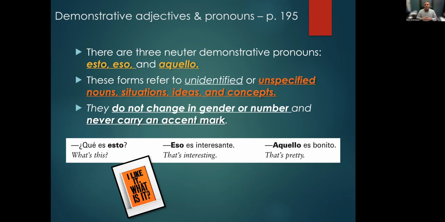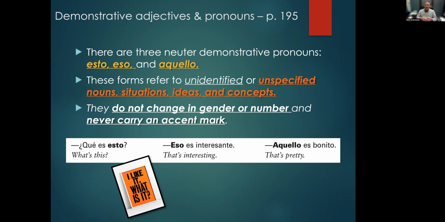Okay, now for your minds to really be blown. We haven't really talked about neuter things very much. We're going to look at three forms that don't have any gender. And this seems completely backwards because now we're saying that they're going to be ending in an O, and that's going to represent a neuter gender. And that's esto, eso, and aquello.